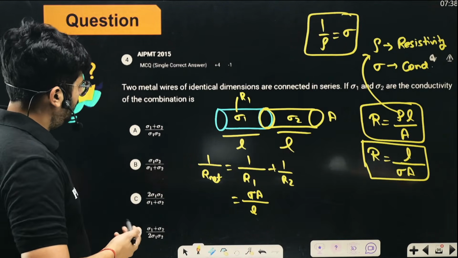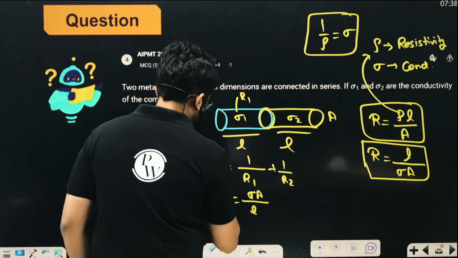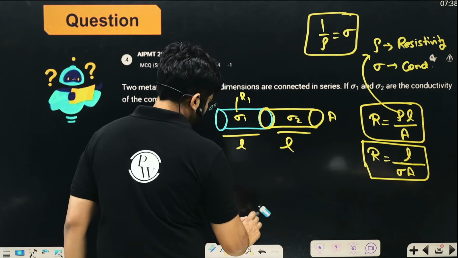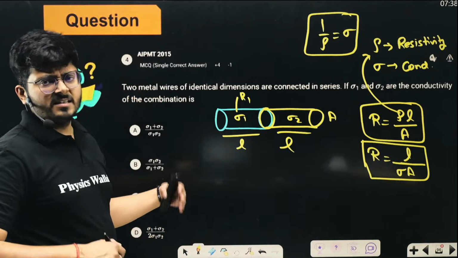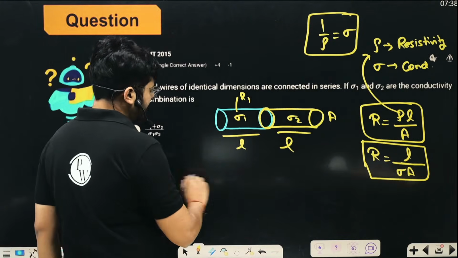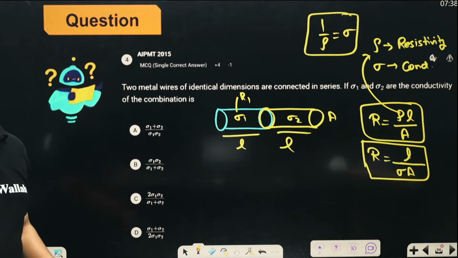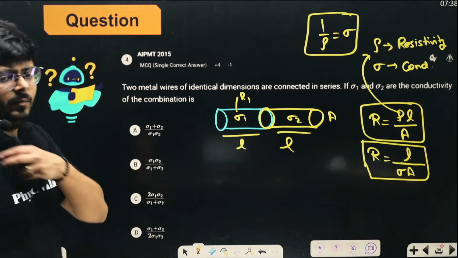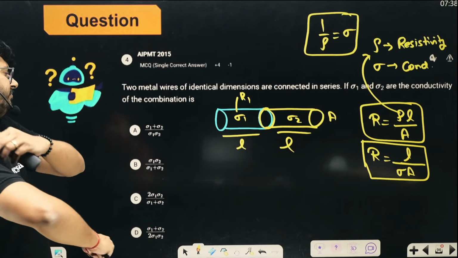Or we don't have to do even that, because the conductivity is there. So 1 upon resistance, we can basically add up directly. The net conductivity we can add up directly.